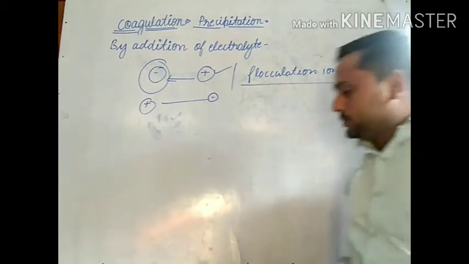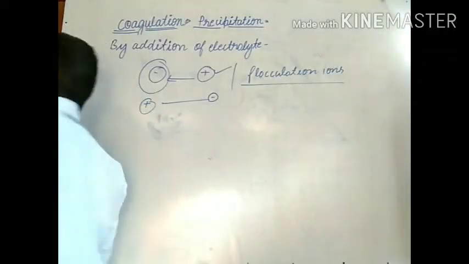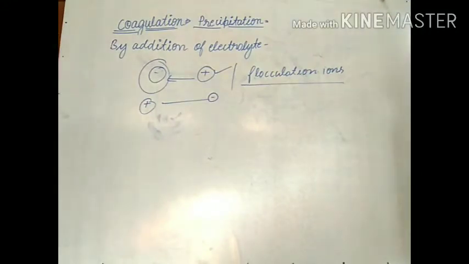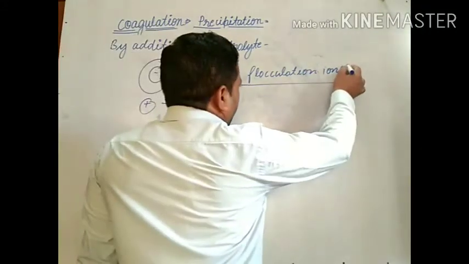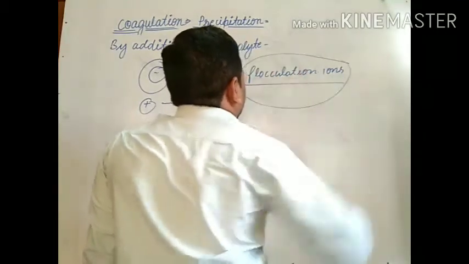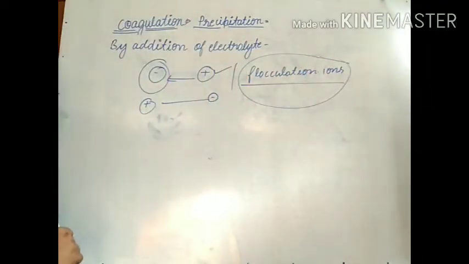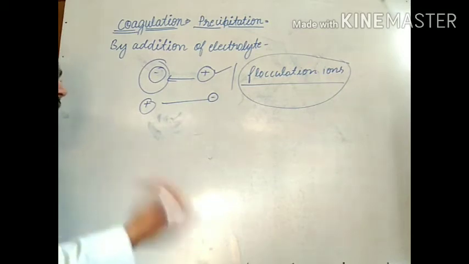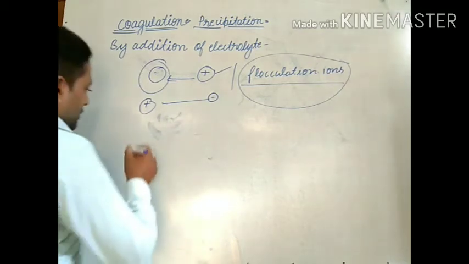One thing we will discuss here: the valency of the flocculation ion is directly proportional to the coagulation.